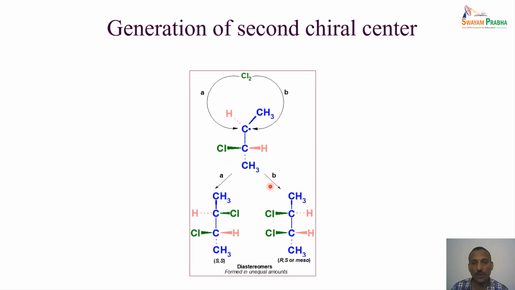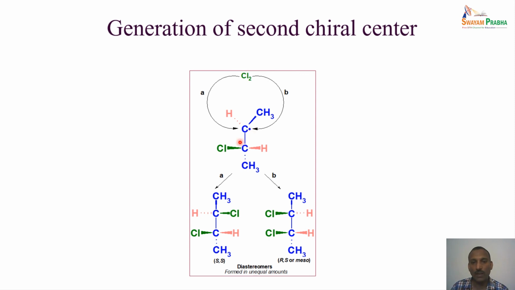If we follow the same explanation as earlier, in this radical reaction also the chlorine can attack this carbon radical from either side A or side B with equal probability. In other words, we will have two diastereomers formed in this reaction.